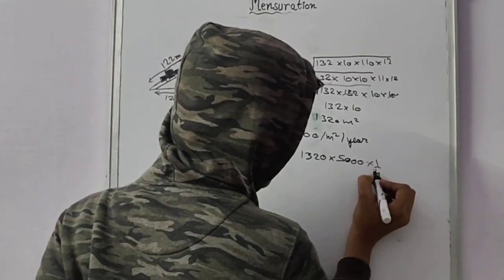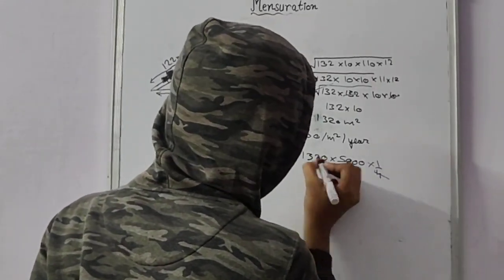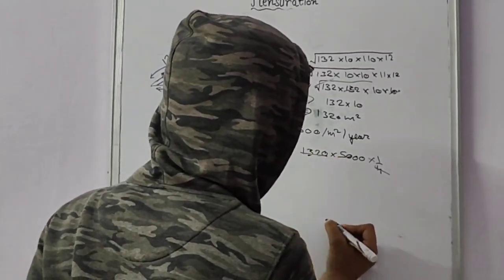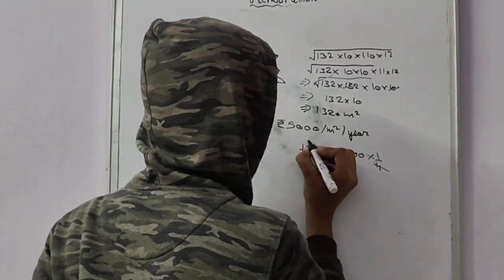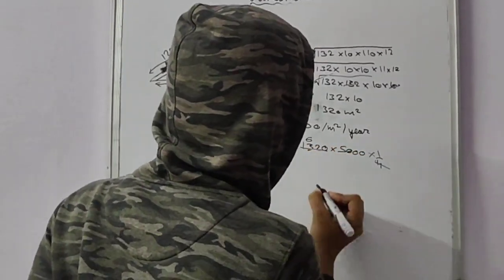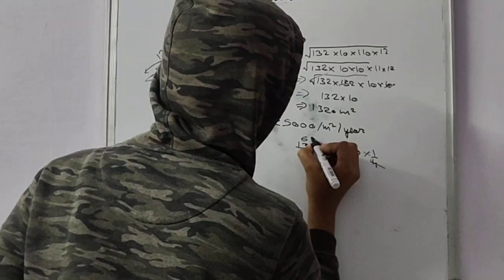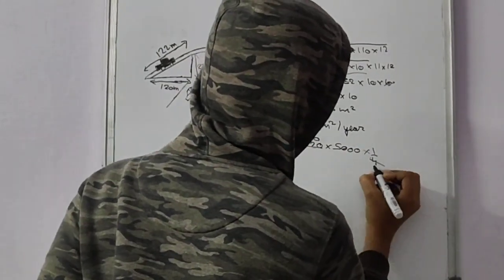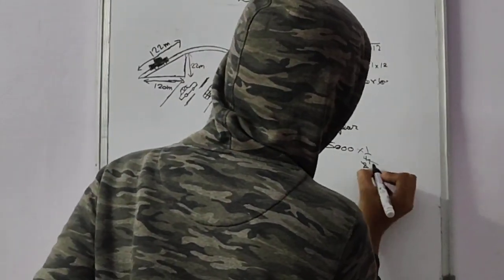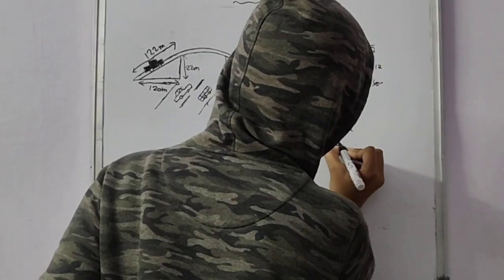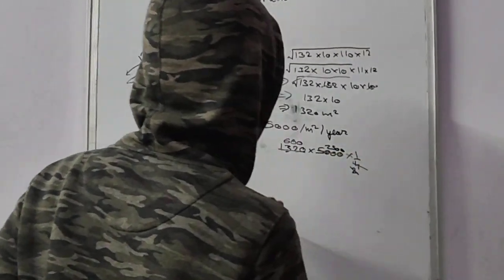So firstly, let's see if it gets cut by 2. 2 6s are 12. So 1 is left, 2 6s are 12, 660, 2500.